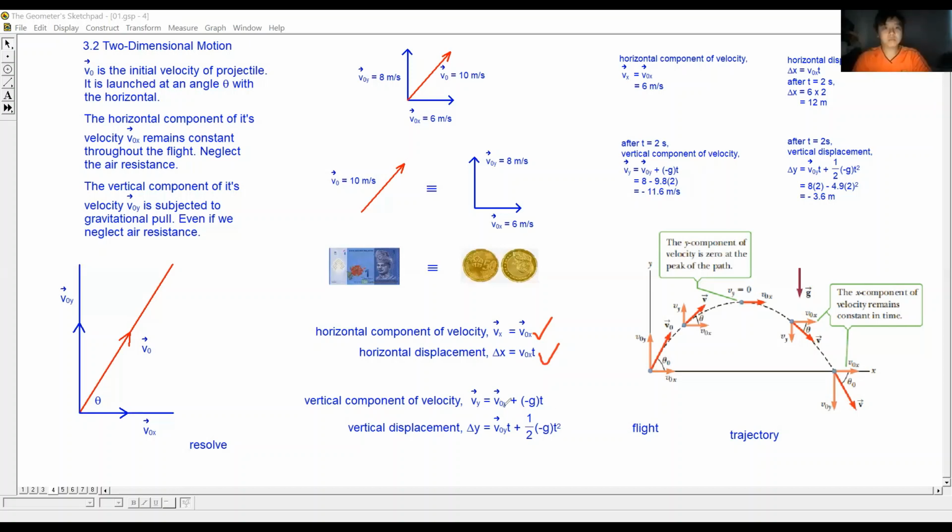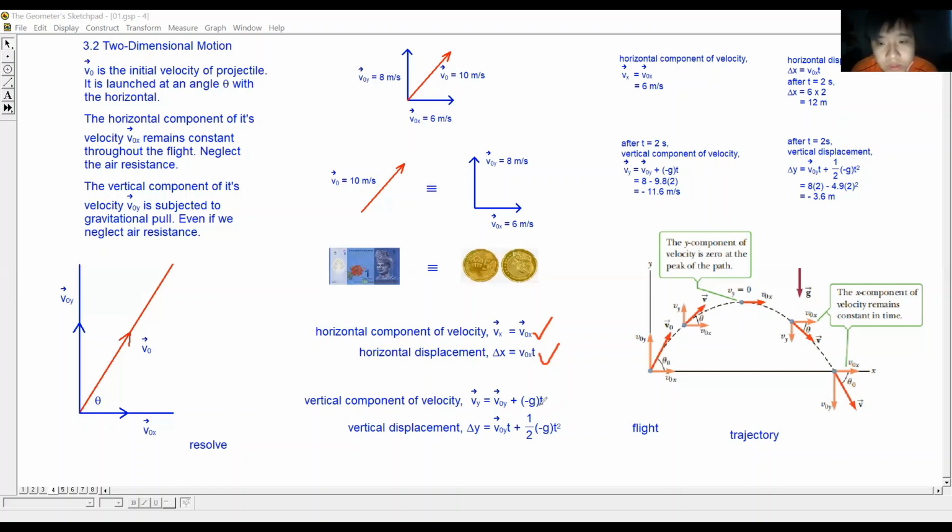So this one follows the equation of motion when subjected to a gravitational pull. The final velocity at that particular instant is the initial velocity plus the acceleration times t.